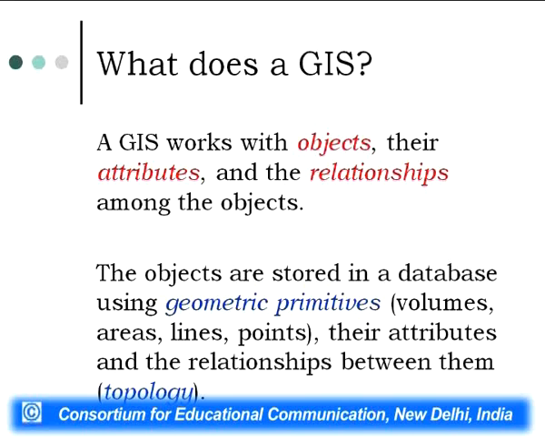As I said earlier, the real world could be represented in the form of lines, polygons, and points. The example you can derive from your neighborhood: suppose you're moving towards a post office, and the post office is surrounded by trees and various other utilities.